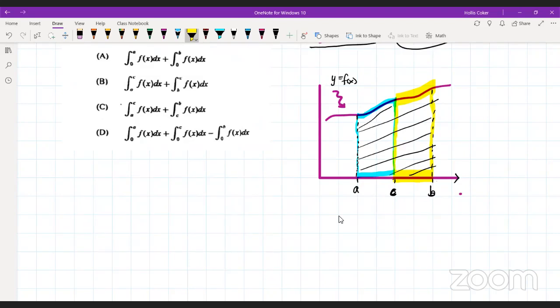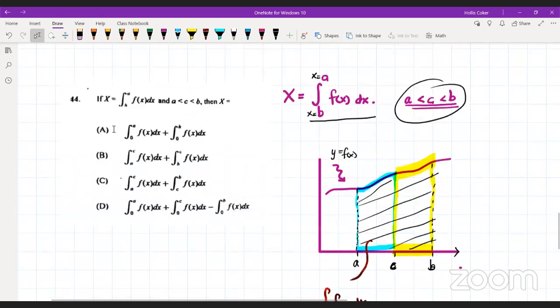That makes sense? So this first area here is really the integral of f of x dx from, what was it, from B to A?